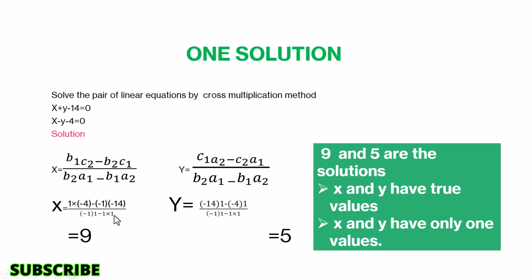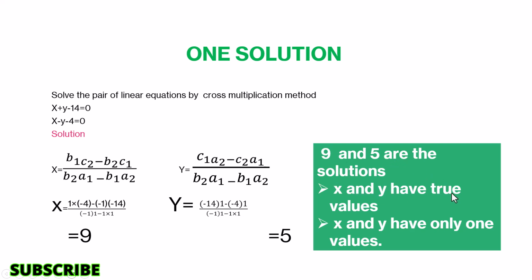Minus 1 into 1, 1 into 1, divided, you get numerator 18 and denominator 2 minus 2... the denominator is minus 2, then you get 9. Similarly for y, c1 a2 minus c2 a1, where c1 is equal to minus 14, a2 is equal to 1, minus c2 is equal to minus 4, and a1 is equal to 1, divided by minus 1 into 1 and 1 into minus 1. Here minus 10 by minus 2 is equal to 5. So here 9 and 5 are the solution.